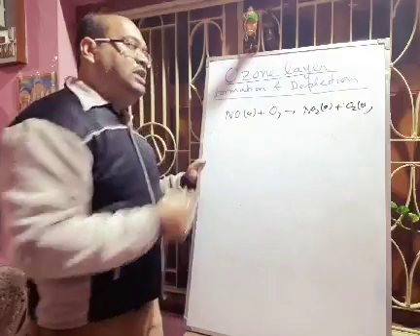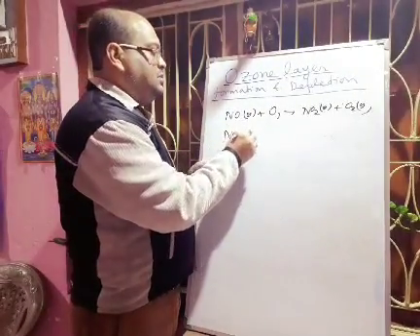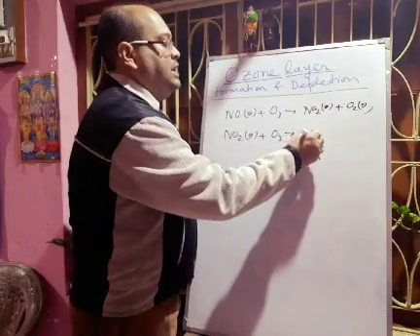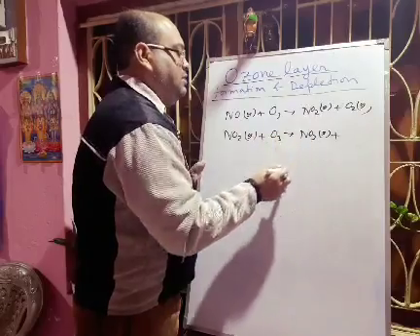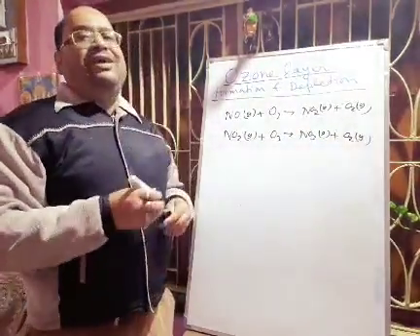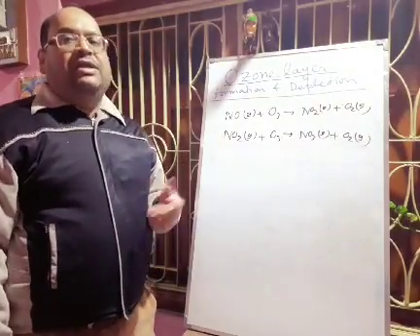So in this way the ozone layer will be depleted. Nitrogen dioxide gas will also react with ozone, forming nitrogen dioxide gas plus oxygen gas. So in this way, by the oxides of nitrogen, the ozone layer may deplete.